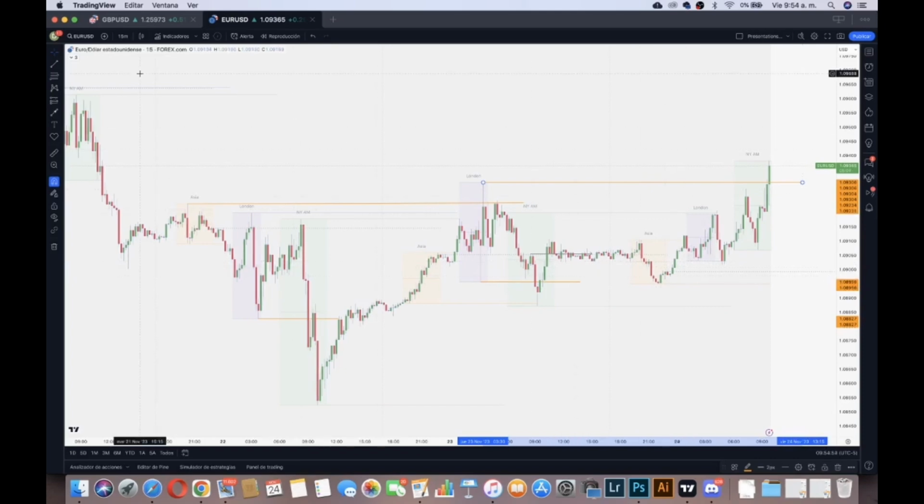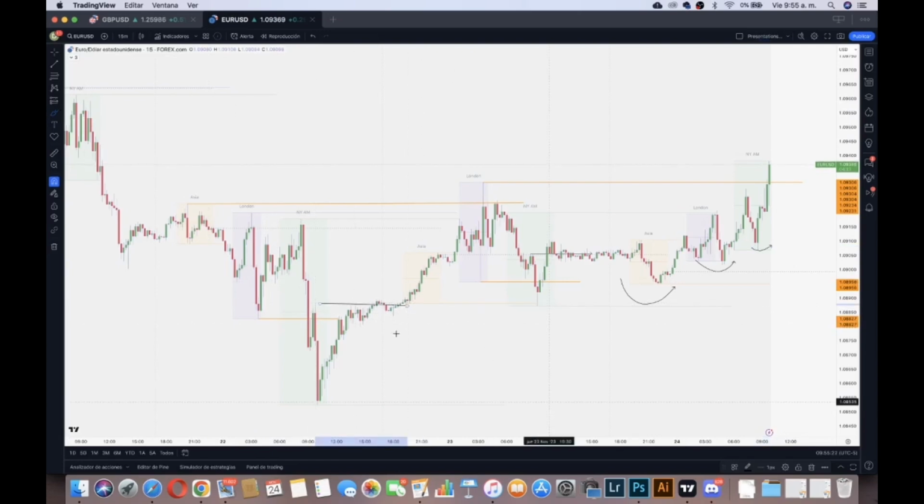We can see, of course, this is related to the order flow, or the institutional order flow, because we can see that right here the lows are being respected, showing us this bullish movement, right? That started here, actually, in this change of the structure.